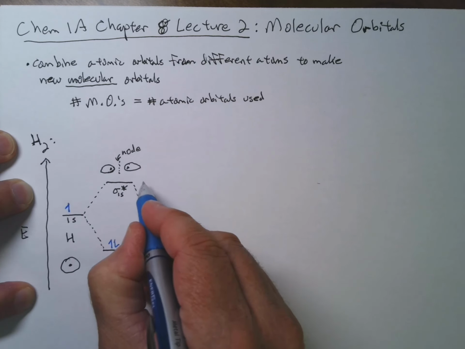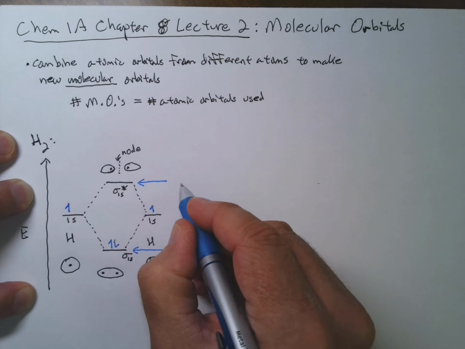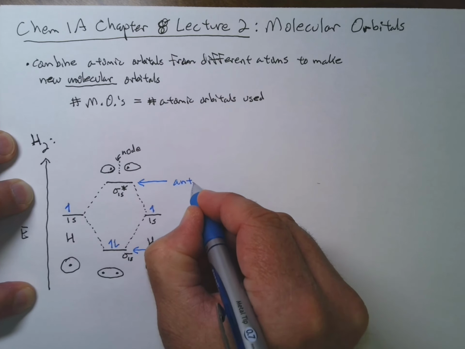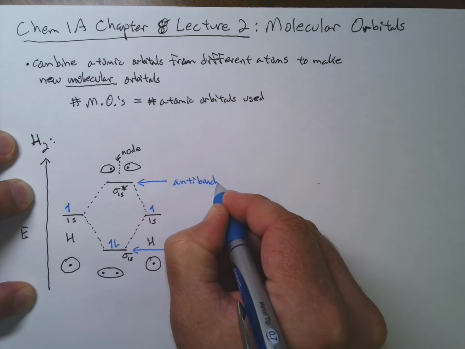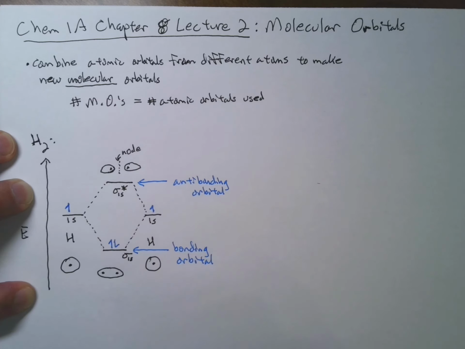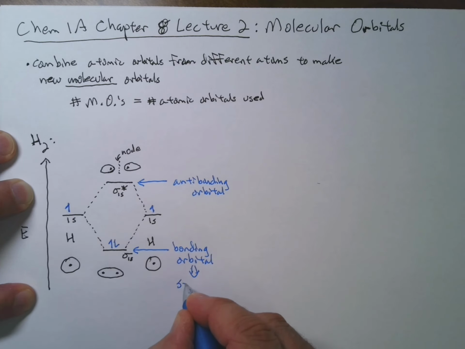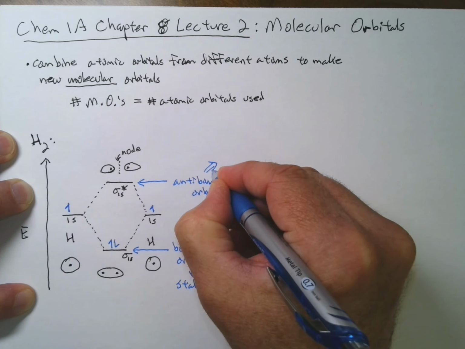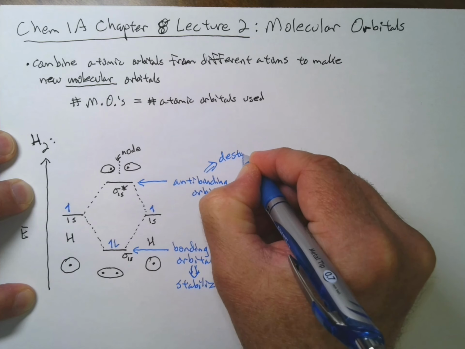And anything that's higher in energy than our starting orbital is an antibonding orbital. Bonding orbitals are going to stabilize things. Antibonding orbitals are going to destabilize things.